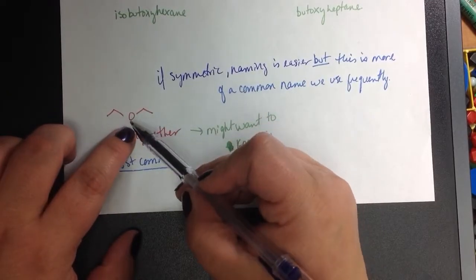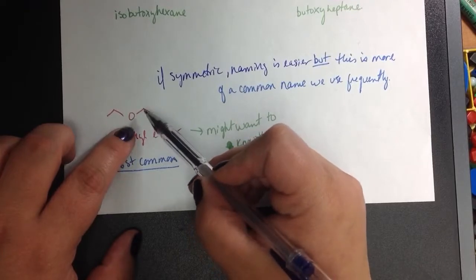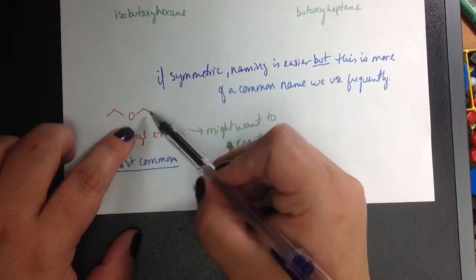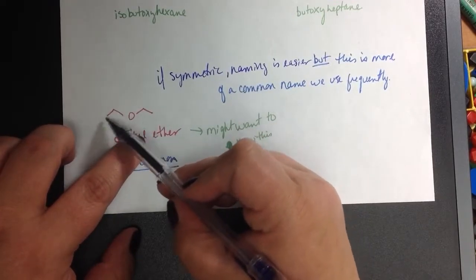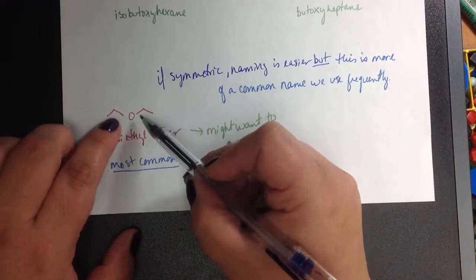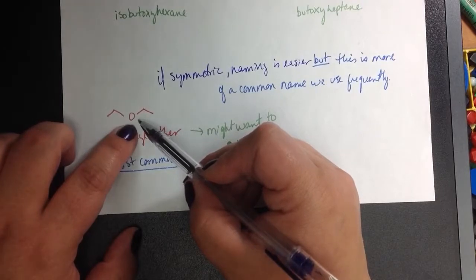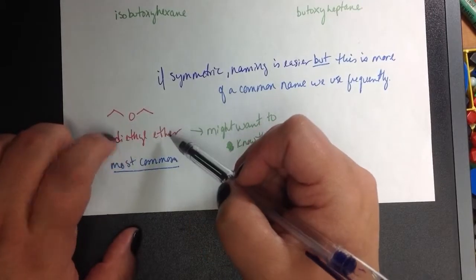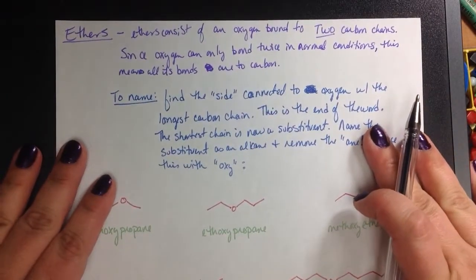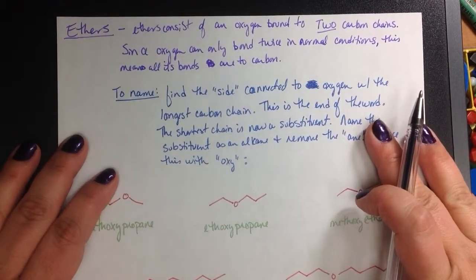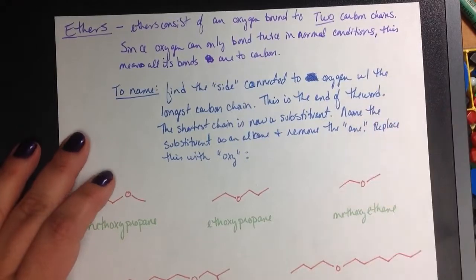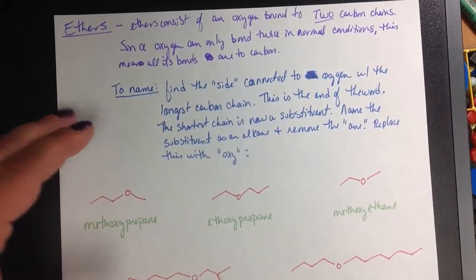So what this actually means is that there's an oxygen right there, and we've got an ethane on this side of that oxygen and an ethane on that side of the oxygen. So that means that we've got carbon chains coming off of both sides of that oxygen. But we don't really name it like that because that's more of a common type of nomenclature. So this sounds way more complicated as to how to name it than it really is.